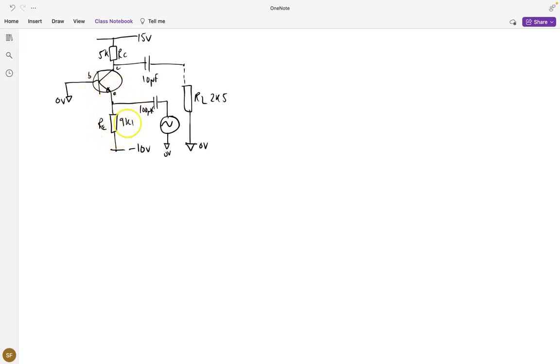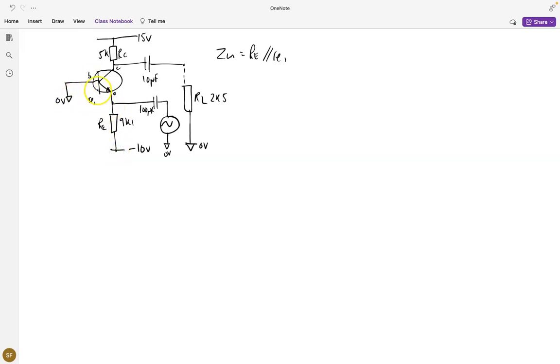RE, this big RE resistor, in parallel with little RE1, which is the base emitter impedance. So just put little RE1 there, so we can write Z in equals RE in parallel with little RE1. So on this particular example, we can see we've got this connected to minus 10 volts.